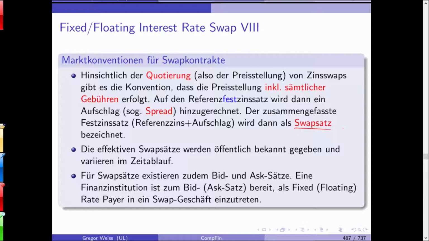Just as with any derivative and any financial instrument, you can observe both a bid and an ask swap rate. Meaning that in this case, you will have to take the bid swap rate to enter a swap contract as the fixed rate payer. So if you buy a swap, you will have to pay the bid rate.